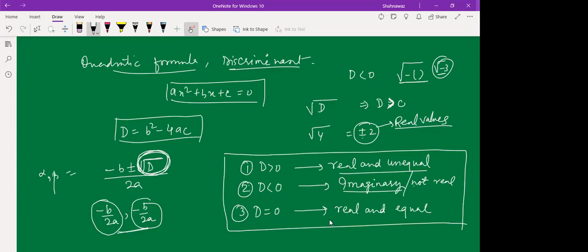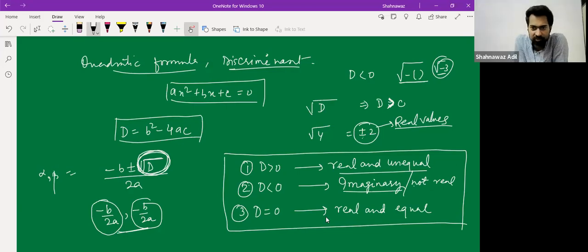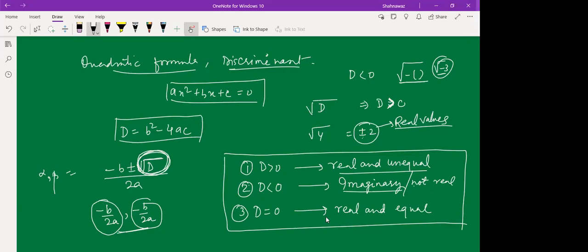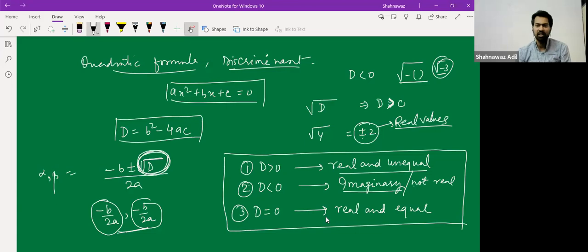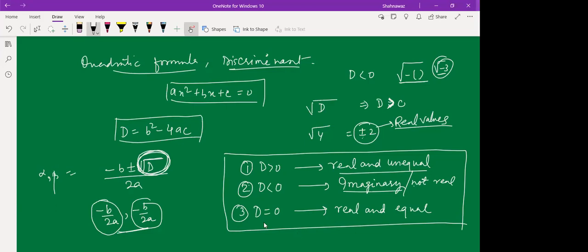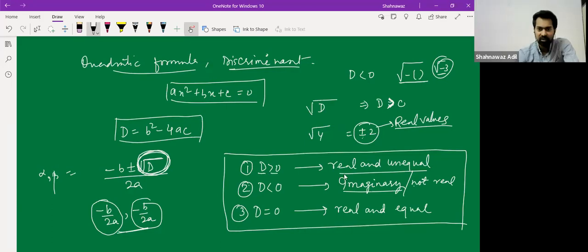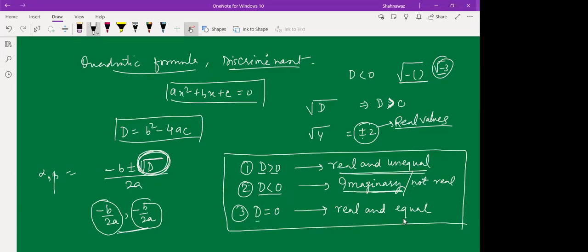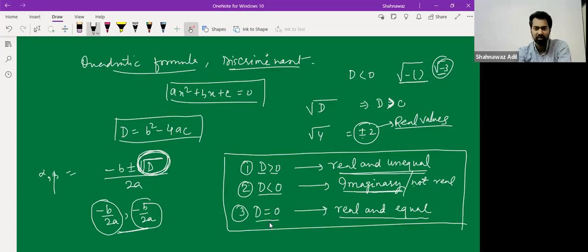Understood? Yes, Madiha. So whenever a question asks about the nature of the roots, they will give some equation, and you only have to calculate this D. If D is greater than 0, this is the nature. If D is less than 0, this is the nature, and if D equals 0, this is the nature. Understood, guys?